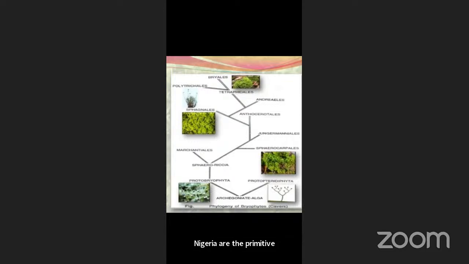So they support this theory having taken these simple and primitive forms. Spirocarpus is the simple one explained by Cavers, but Campbell explained Riccardia and Metzgeria. These gametophytes are simple.